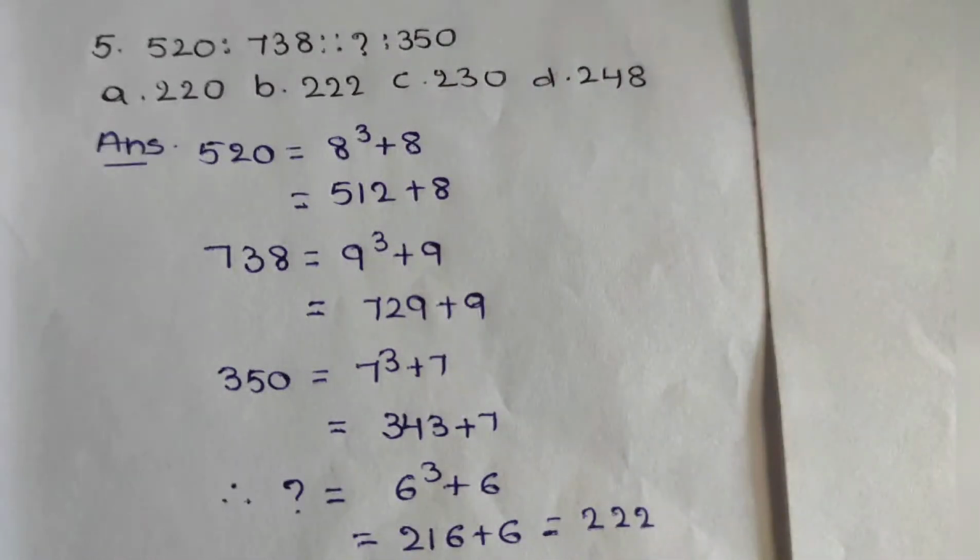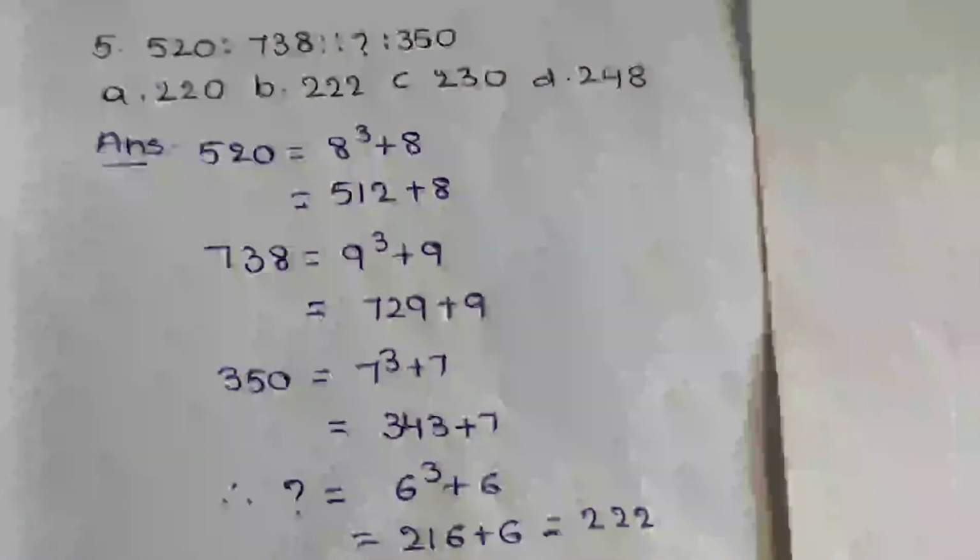So here if you see the first set, 520 and 738, the difference in x is 1, that is after 8 we get 9. So here similarly, for 350 we have taken 7 cube plus 7. So before 7 we get the number 6.